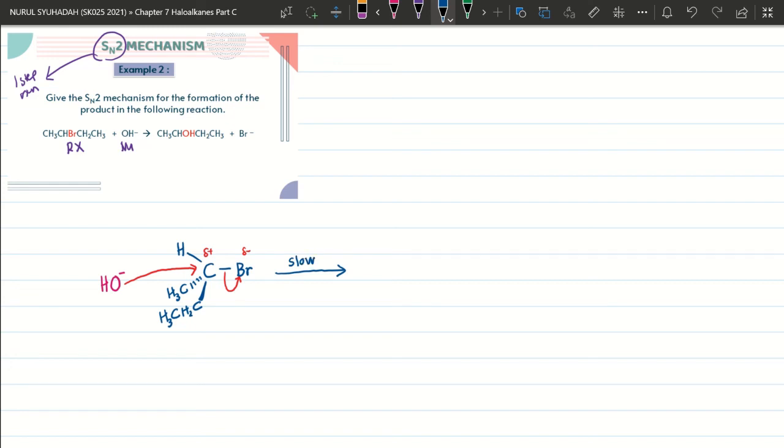Then for our transition state, start by drawing carbon and then 1, 2, 3. What is this for? This is for the original haloalkane structure. So hydrogen here, CH2, CH3, here is CH3.